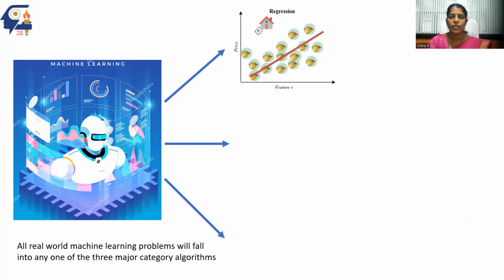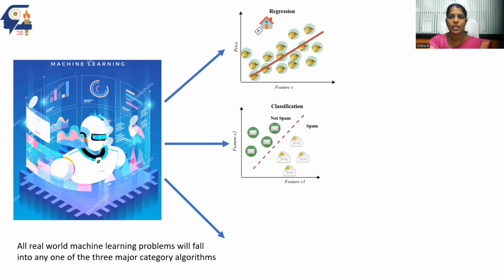The machine learning algorithms are classified into unsupervised algorithms, supervised algorithms, as well as reinforcement algorithms. Again, the supervised algorithms are classified into regression algorithms and classification algorithms. Regression is mainly used for predicting values, and classification is to classify the given values into two different classes.